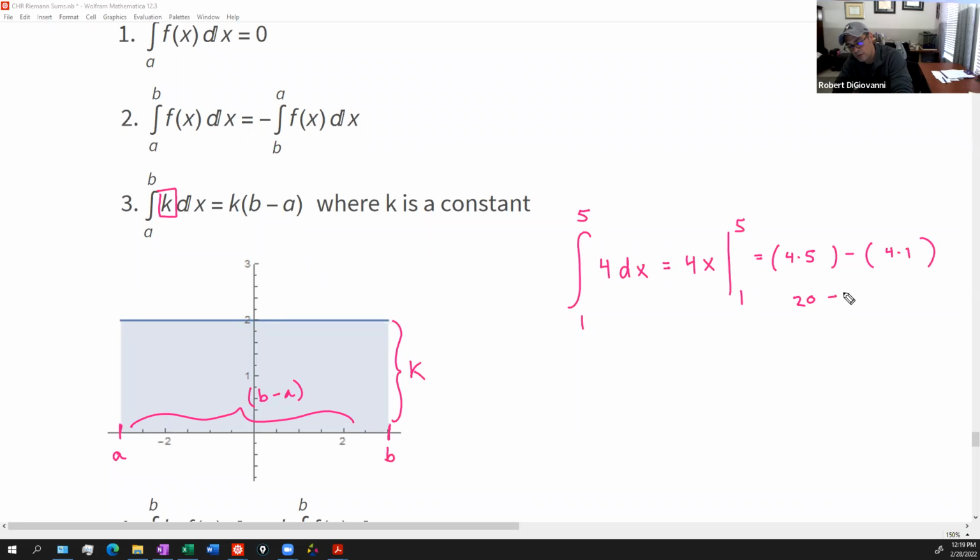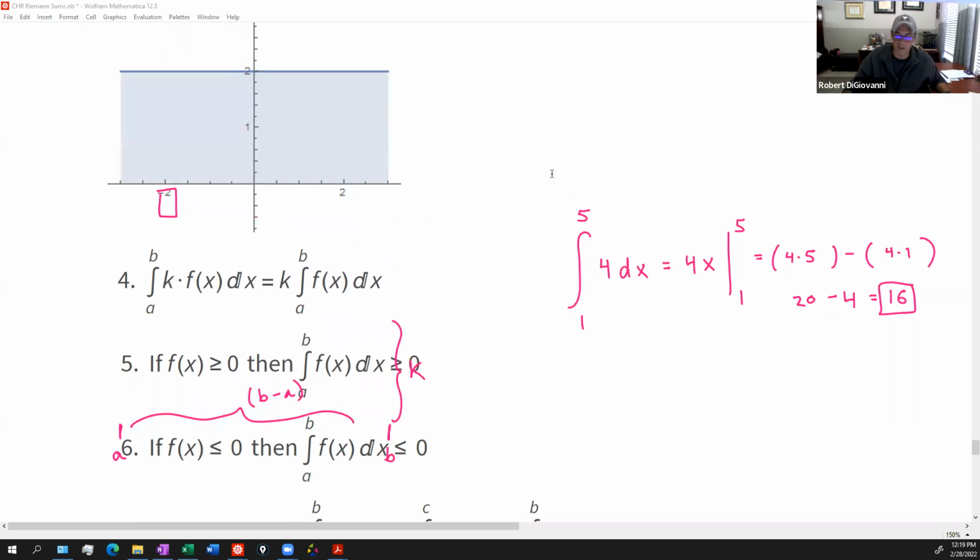This will be 20 minus 4, which is 16. The area is 16. This formula says instead of doing that, you could have just done 4 times 5 minus 1 is 4, so 4 times 4 is 16. This isn't that bad to do, but it's a property, so I'm putting it here. Questions? May I proceed?